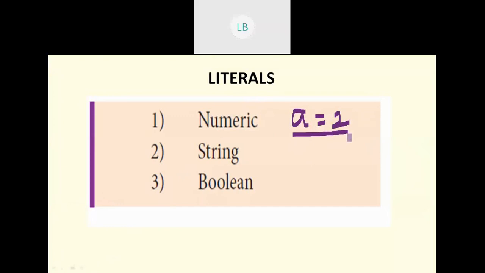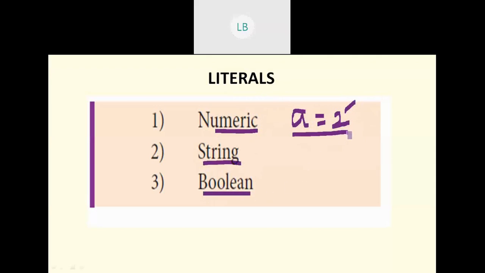So this is an expression, you can call it a statement. Here the value 2 is assigned to the variable A. This 2 is actually a constant. So there are three types of constants. Constants are called as literals. There are three types: numeric constant, string constant, Boolean constant.